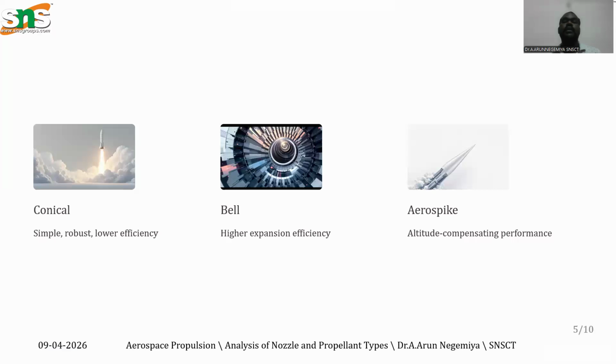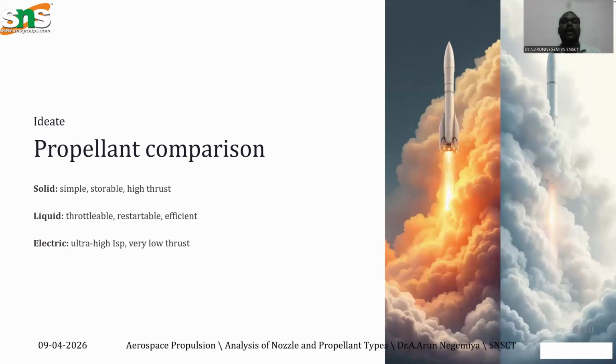Compared to the conical and aerospike nozzles, the bell nozzle gives a higher expansion efficiency. And the third one is the aerospike nozzle. The aerospike nozzle adapts to more altitude and provides good performance compared to the conical and bell nozzles.